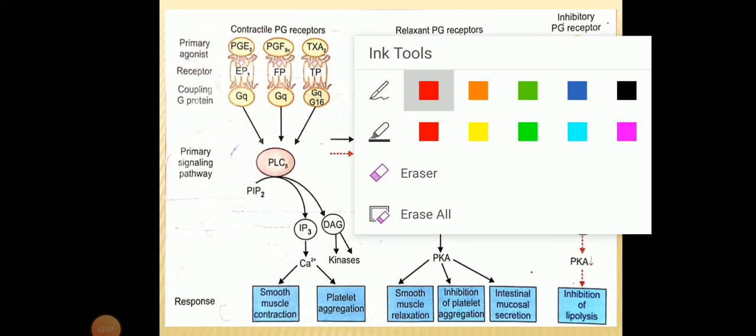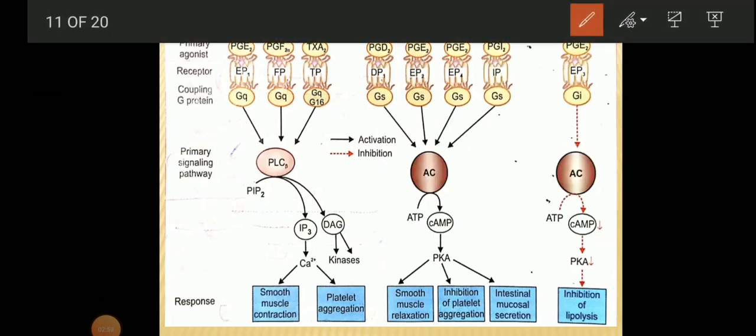So this is the figure, and here you can see that the primary agonists, PGE2, PGF2 alpha, and thromboxane A2, bind to receptors like EP1, FP, and TP, and couple with the Gq protein, and thromboxane A2 also couples with the G16 protein.